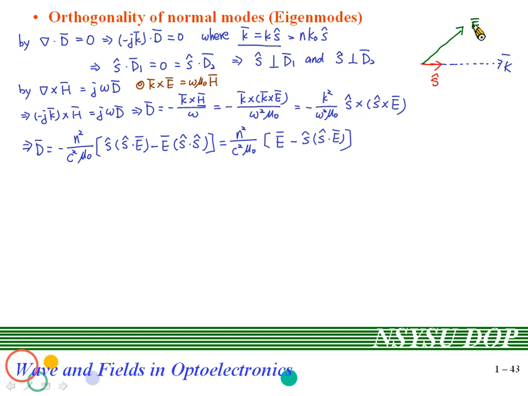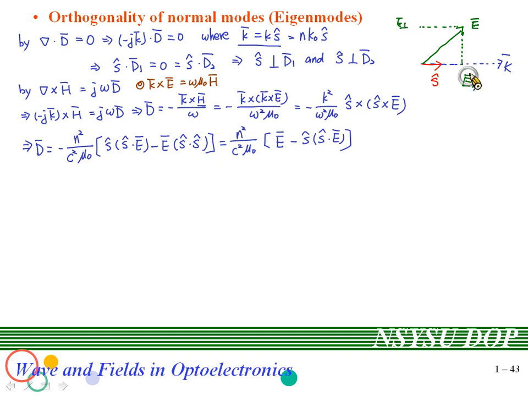If we have the E field like this, clearly the E field can be regarded as consisting of two components. One component is parallel to the k direction, and the other component is perpendicular to the k direction. Okay, so here is E parallel, and here is E perpendicular to the k. Suppose that.